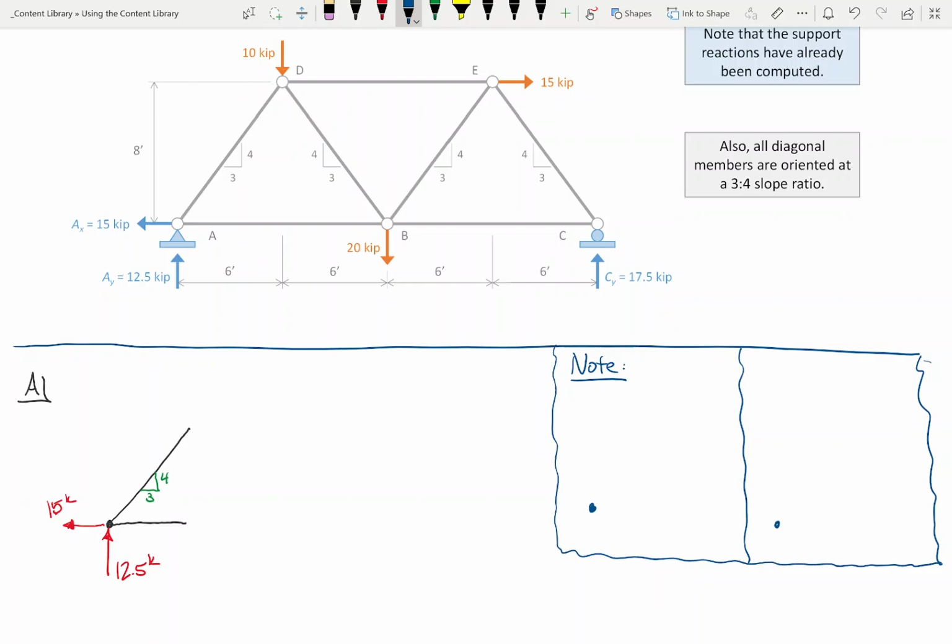Okay, now I propose inside that truss member, that force is either going to go one of two ways. It's either going to go like that, or it's going to go like that, right?